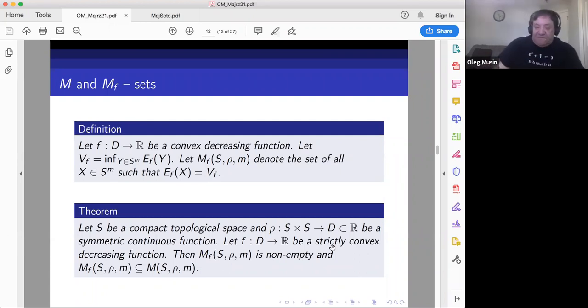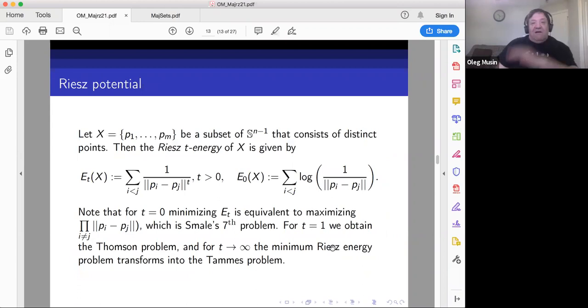And for instance, the most popular potential on the sphere is the Riesz potential. I think everybody knows what the Riesz potential means. Let me repeat briefly.